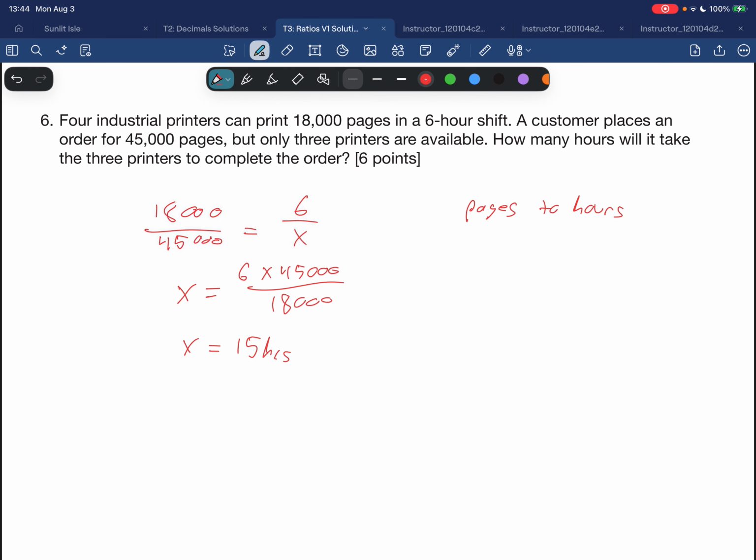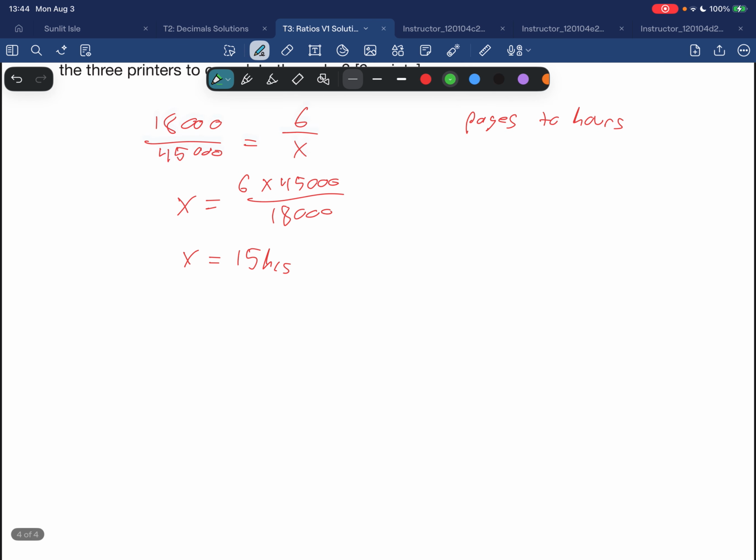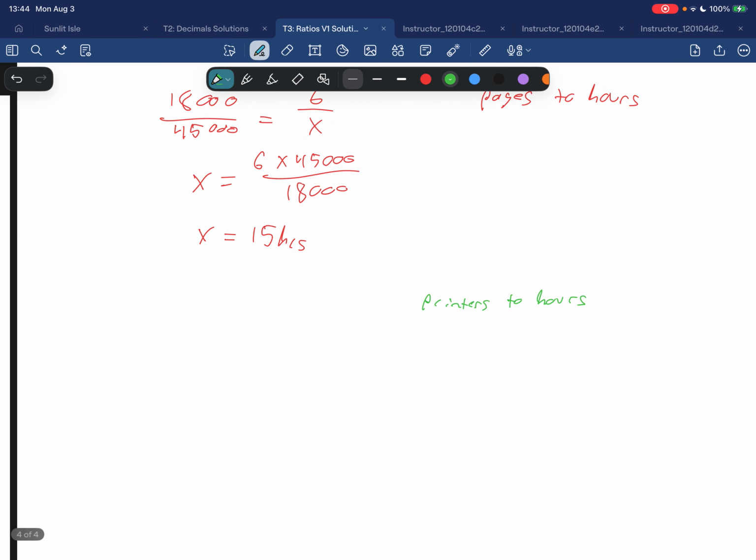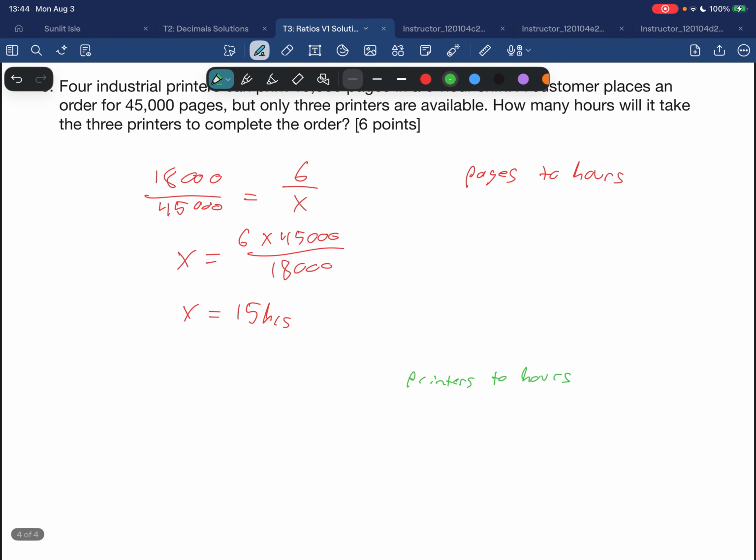Great. Now, we're going to take this and say printers to hours. Now we're going to do the ratio of the number of printers to hours. So I'm going to start with 4 industrial printers over 3 industrial printers. And this is going to give me x over 15 hours.